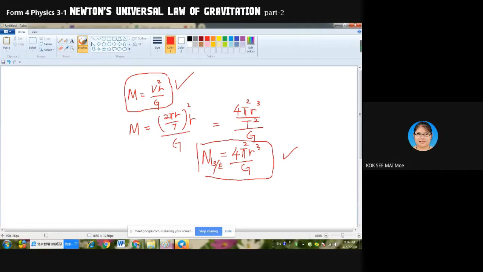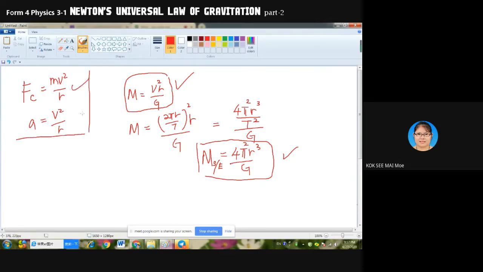Centripetal force: first round we learn FC, the formula is M V squared over R. Then the A is V squared over R. Then after that, straightforward come to this part.